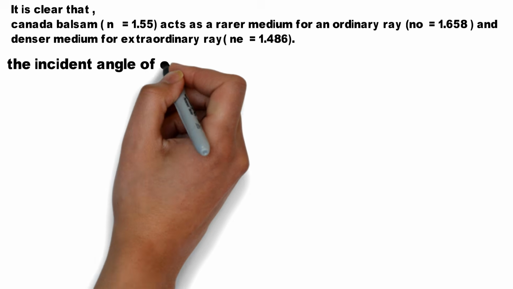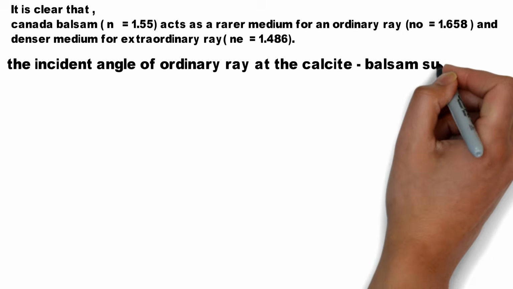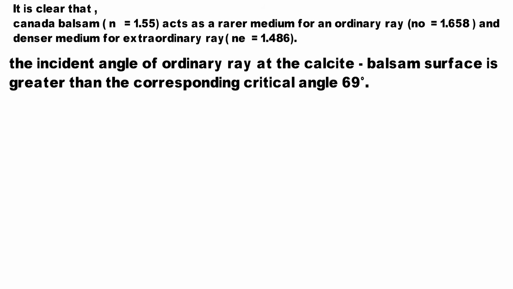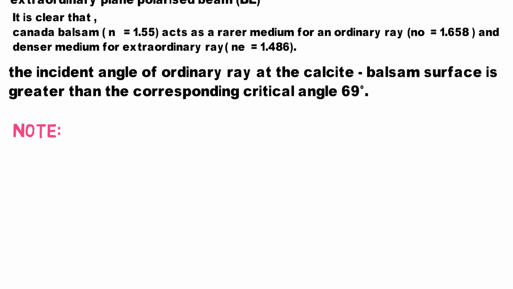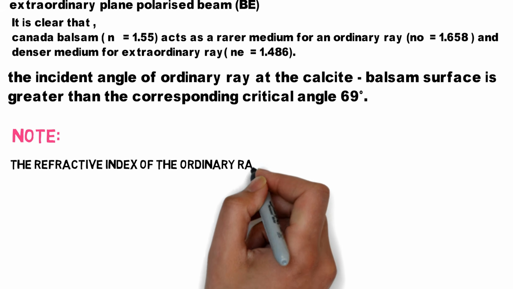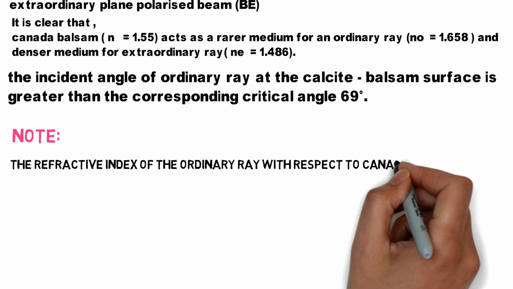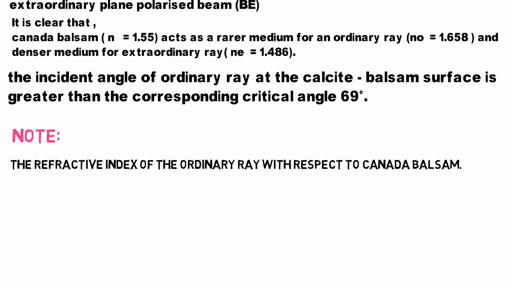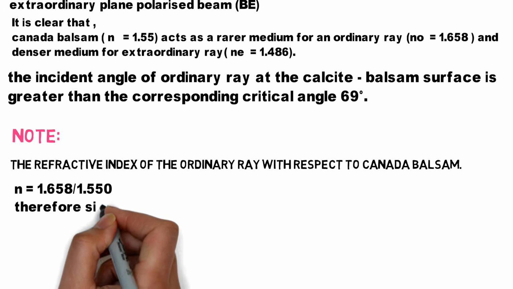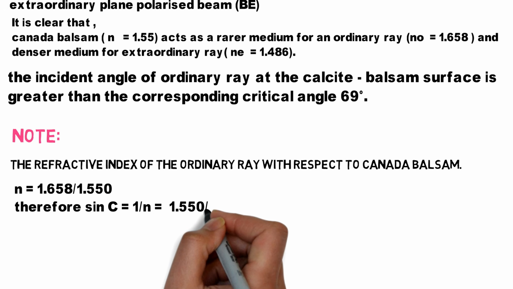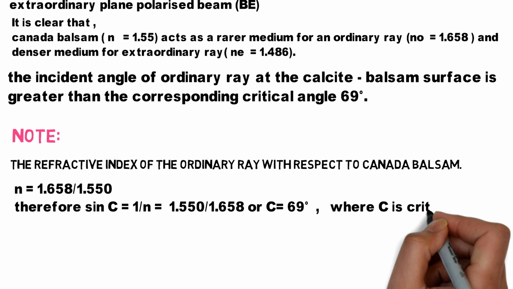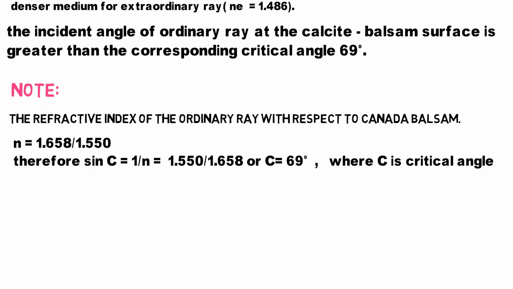The incident angle of the ordinary ray at the calcite balsam surface is greater than the corresponding critical angle 69 degrees. Note: the refractive index of the ordinary ray with respect to the Canada balsam N equal to 1.658 by 1.550. Therefore, sin C equal to 1 by N equal to 1.550 by 1.658, or C equal to 69 degrees, where C is the critical angle.